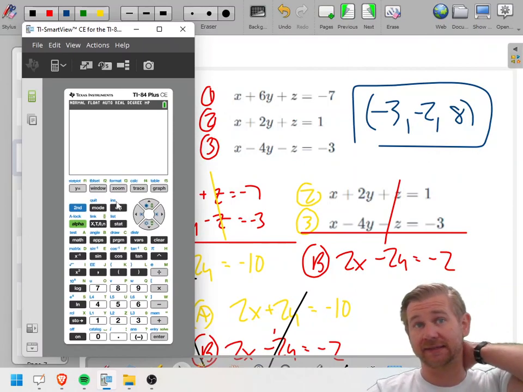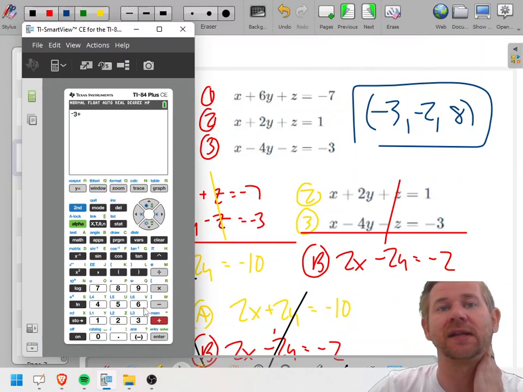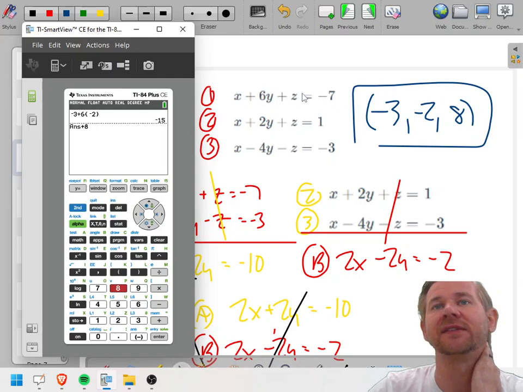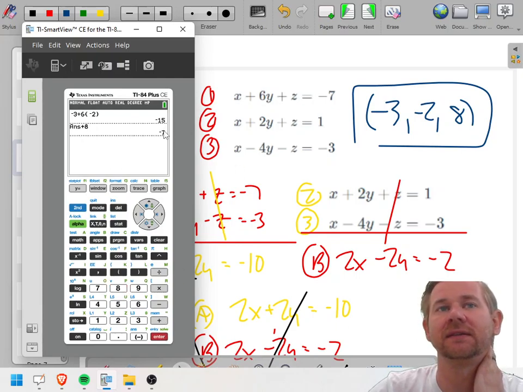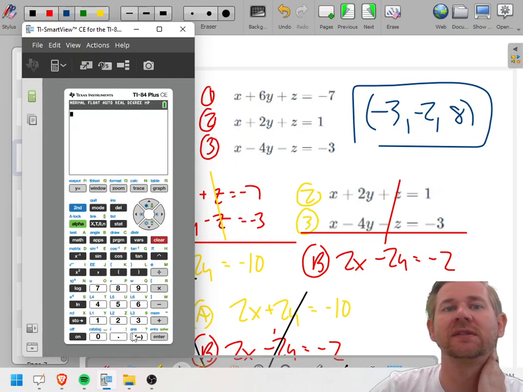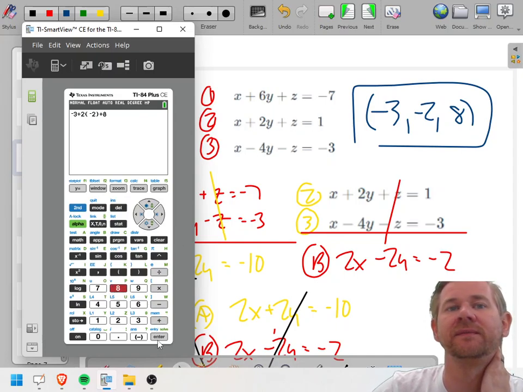First, x is negative 3, so negative 3 plus 6, y is negative 2, plus z, z is 8, so plus 8. When you plug it in, the left side, you should get negative 7. I did. Good. I'll plug it in the other ones. Negative 3 plus 2 times negative 2 plus 8. In the second equation, I should get 1.